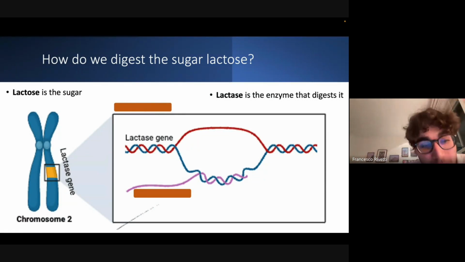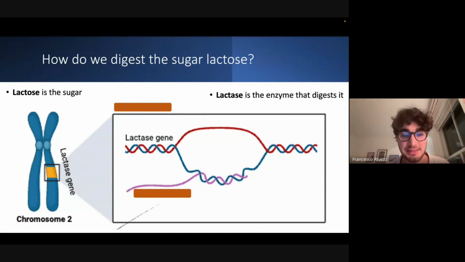So what does it mean that we have a lactase gene? This is a chromosome, and all humans, on chromosome 2, have a small section that essentially has the information for the lactase enzyme. But as I said before, this is DNA.